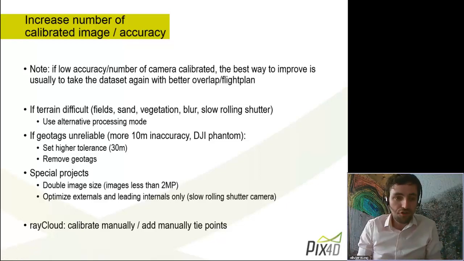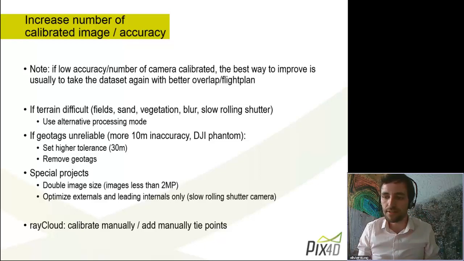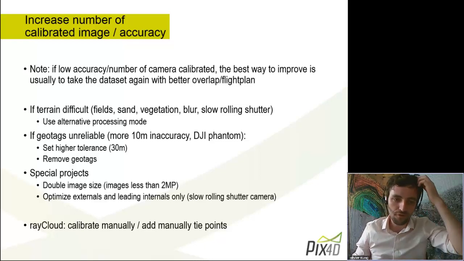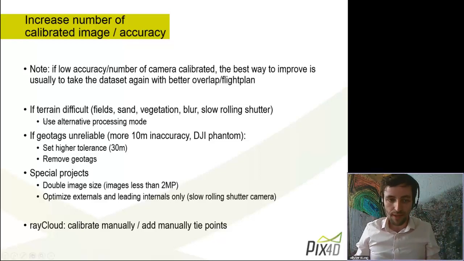However, if you don't have the choice and you already have your data, here are the tips and options which will potentially improve the accuracy or the number of calibrated images. As already mentioned in the beginning, you could use the alternative processing mode.